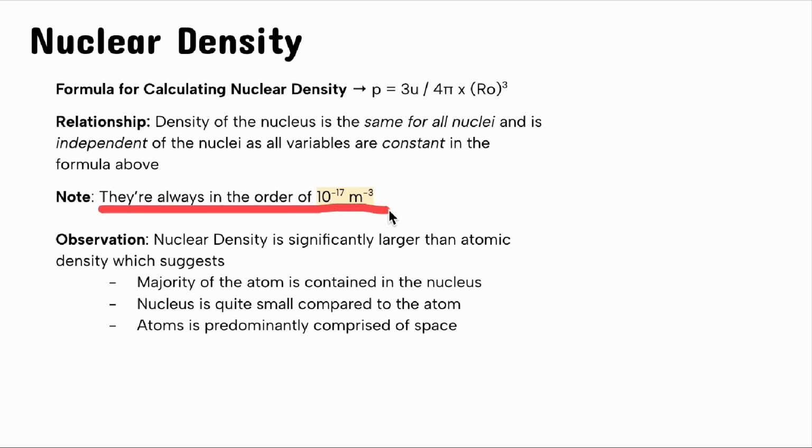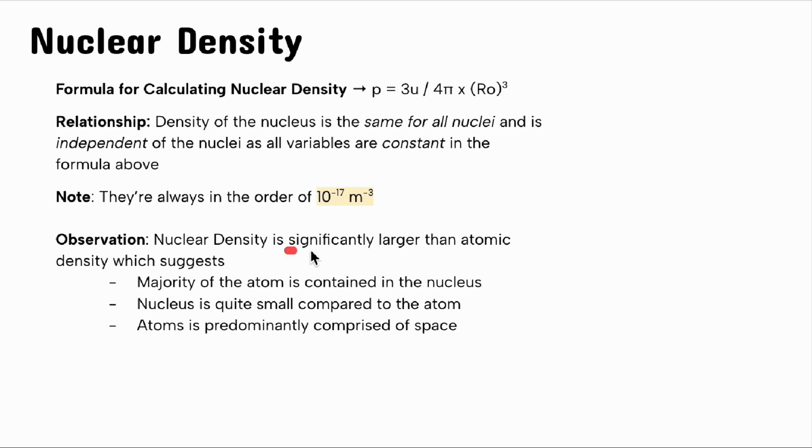Nuclear density is always in the order of 10 to the power of negative 17. And what I mean by it's always in the order, there's only one order because there's one value of nuclear density for every single nuclei. So 10 to the power of negative 17 is constant throughout. Now this is the observation of the nuclear density.